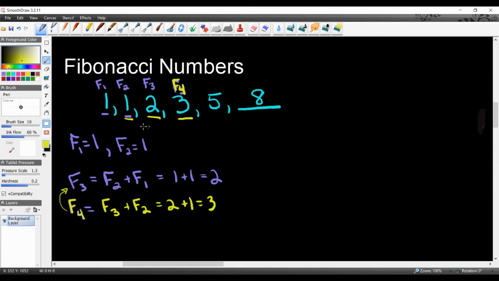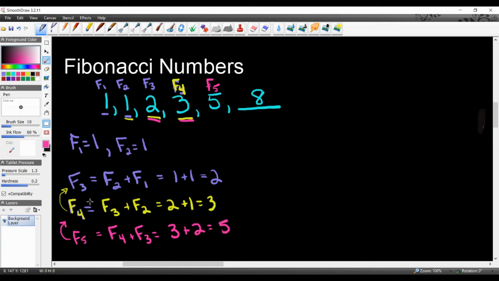So we're good to go so far. Let's check the last one that we have here. f of 5, based on the previous patterns, should be equal to the 2 before it. So that's f of 4 plus f of 3. f of 4 is 3, and f of 3 is 2. 3 plus 2 is 5.